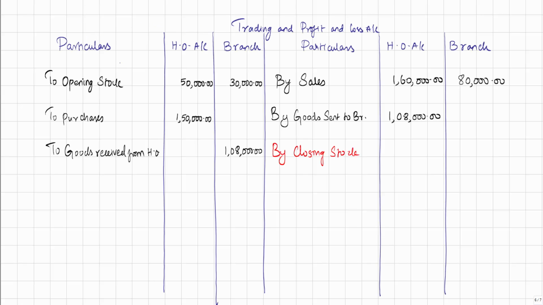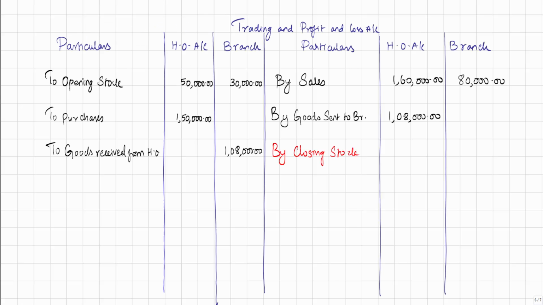What was the opening stock of head office? We need that information. Their opening stock is 50,000, right? So first we'll write they had opening stock, and that is 50,000.